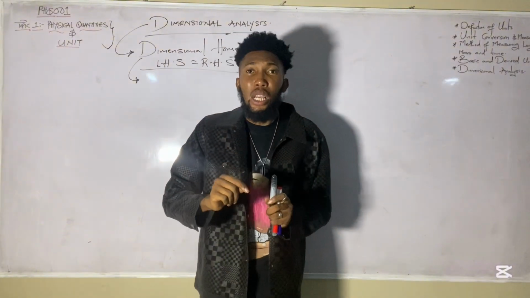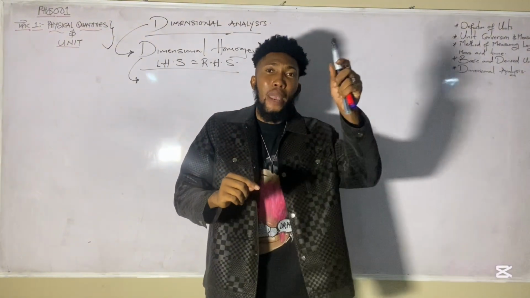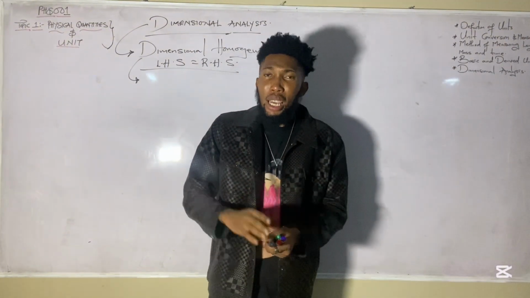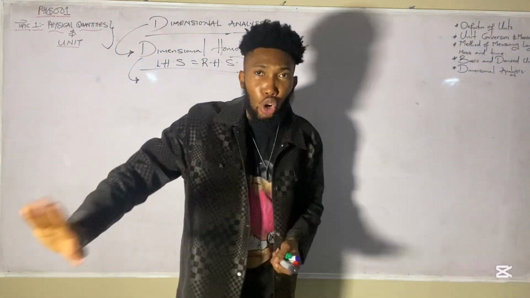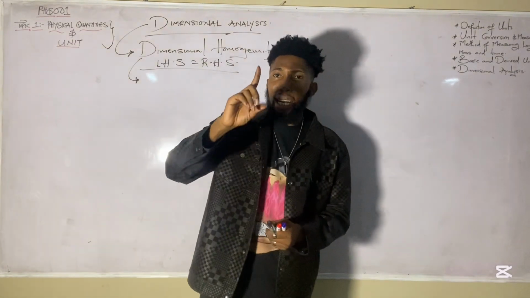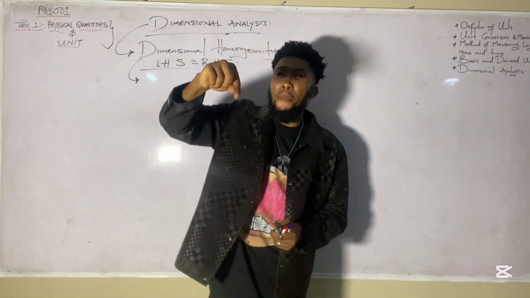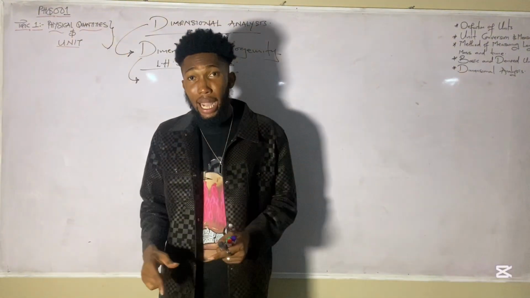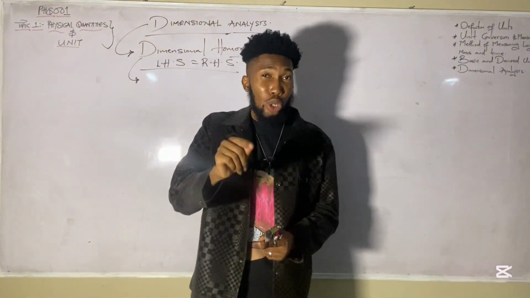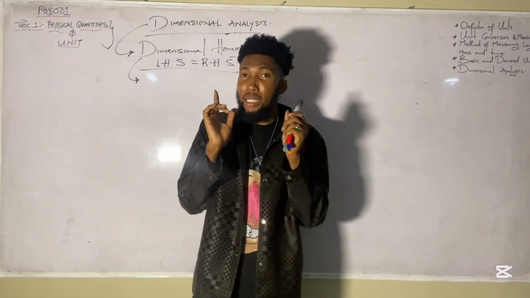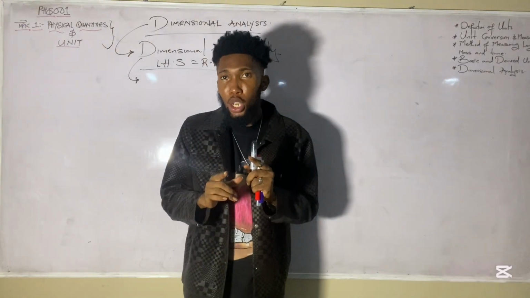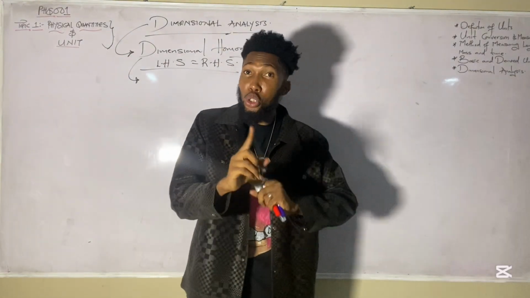But now, if an equation is dimensionally incorrect, it means that that equation is incorrect. But an equation can be dimensionally correct, and yet that equation in itself is not appropriate or completely valid to be used as an equation.